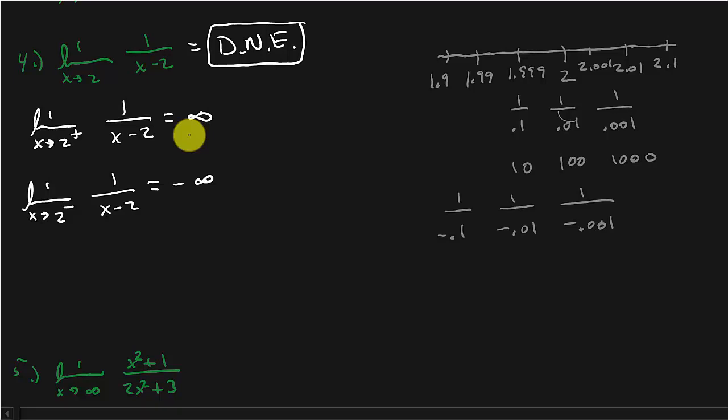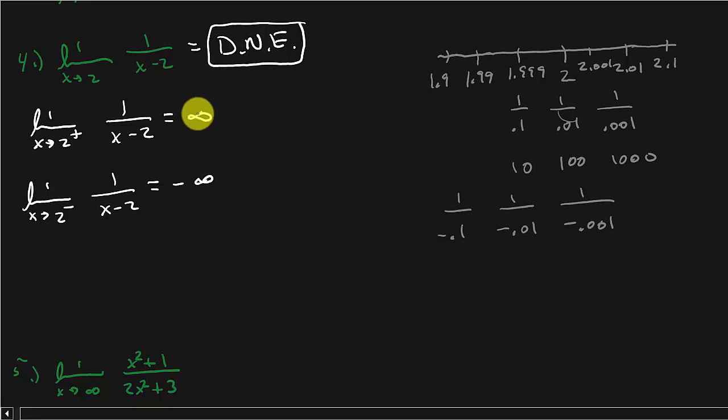A lot of times your teacher, or when you're working problems, and you'll see that later on in the course when you start graphing, yes, this limit does not exist, but we want to know what it is approaching.